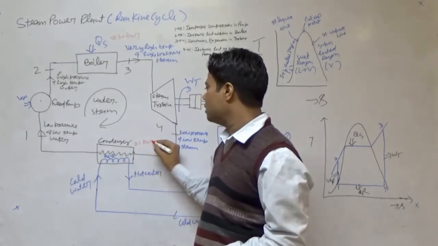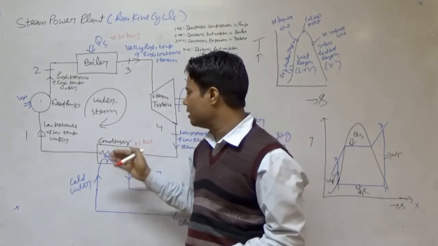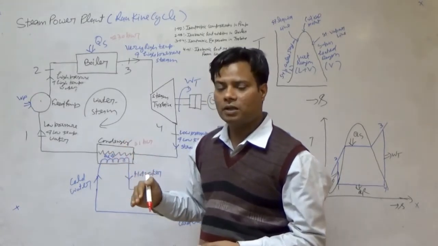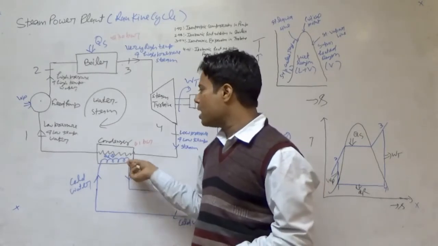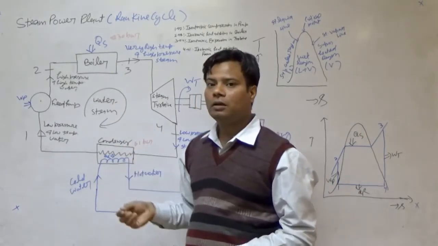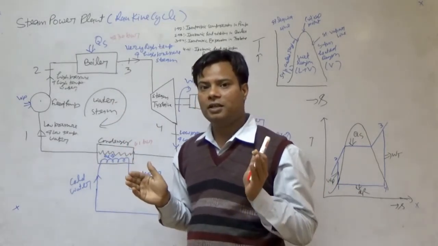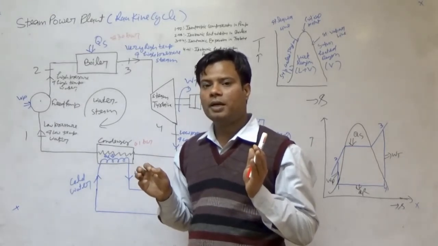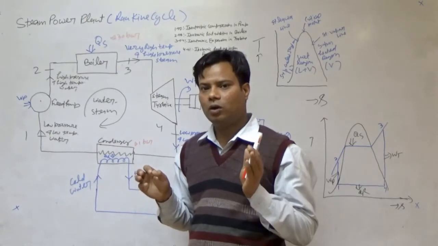So you can see that the pressure inside the condenser is below atmospheric pressure. How do we achieve the boiling? The boiler wall is very rigid and very heavy, so we are able to maintain a high pressure inside the boiler.